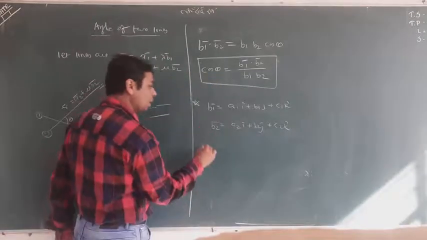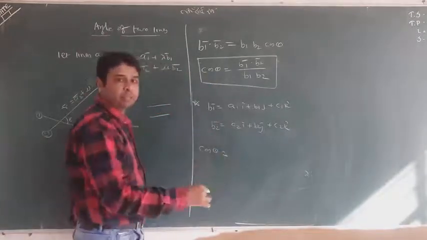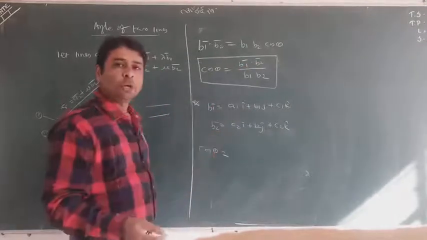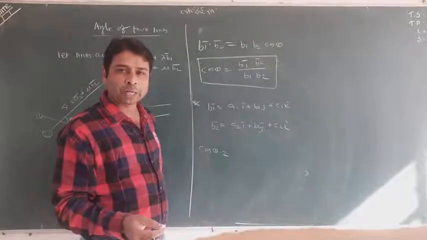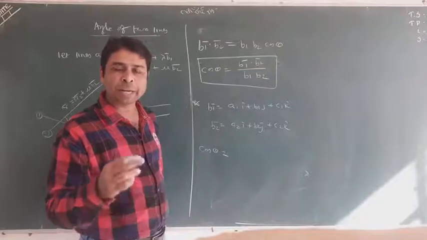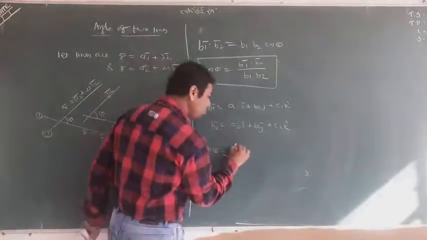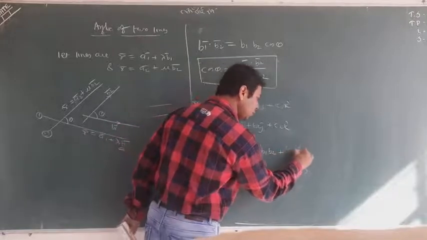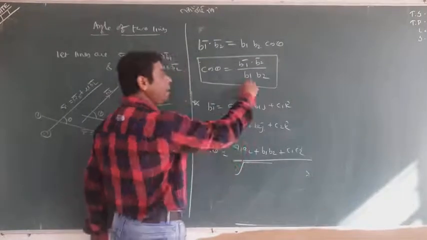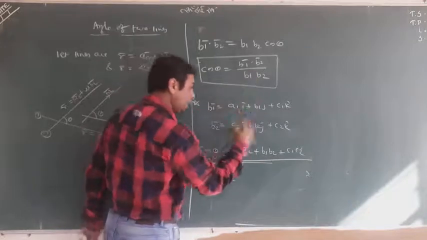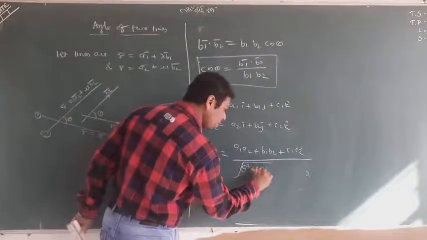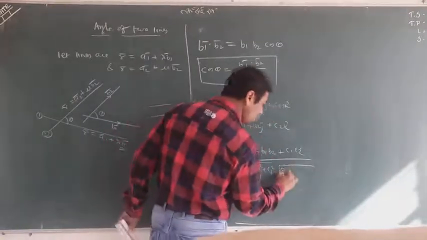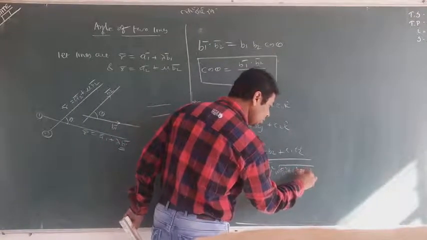B1 dot B2, you know how to do the dot product? i and i multiply, j and j multiply, k and k multiply: A1 A2, B1 B2, C1 C2. And downside we have mod of B1, root of A1 squared, B1 squared, C1 squared, and mod B2, meaning root of A2 squared, B2 squared, C2 squared.